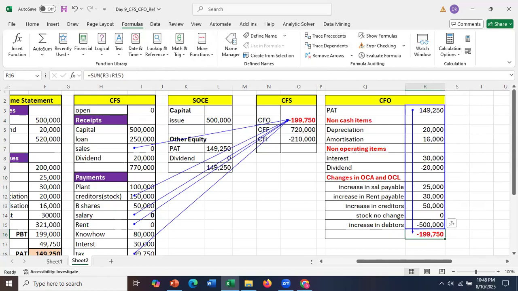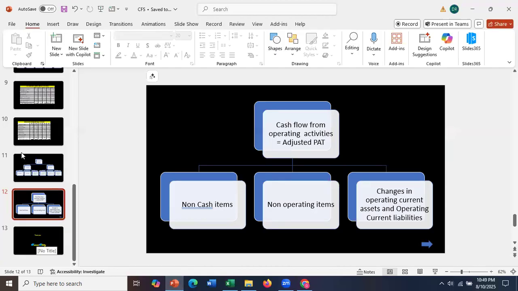But in the direct method, our focus is operating receipts and operating payments. In the indirect method, the focus is why CFO is different from PAT. So that is the understanding of cash flows.